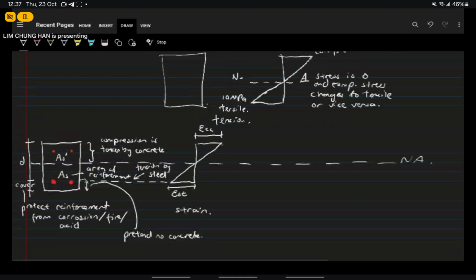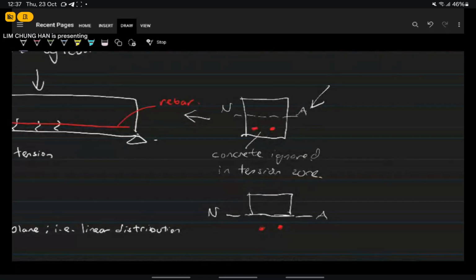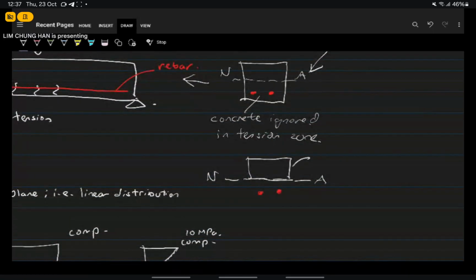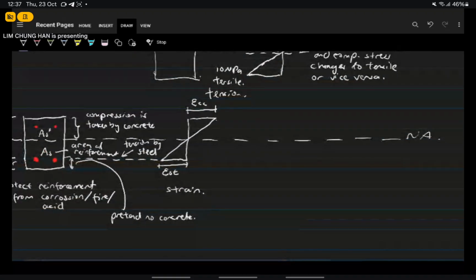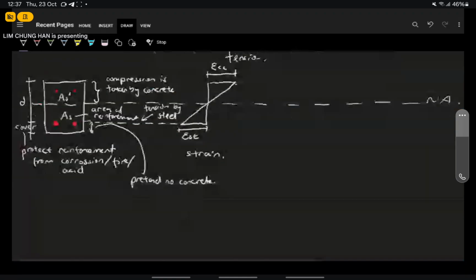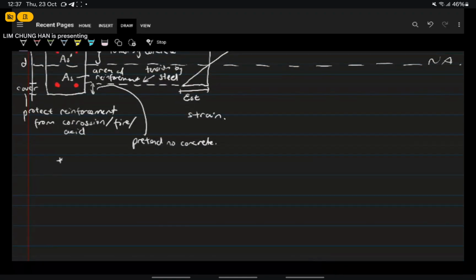As what I've drawn earlier, in this diagram here, at the top we have concrete. At the bottom, we pretend no concrete, only steel. We use concrete to resist the compression. Let me just write it down here. We use concrete to resist the compression.